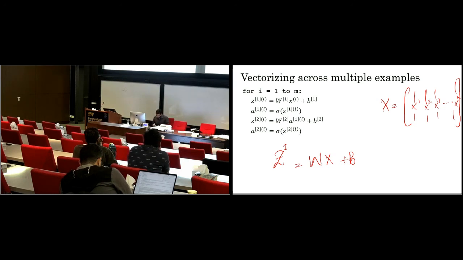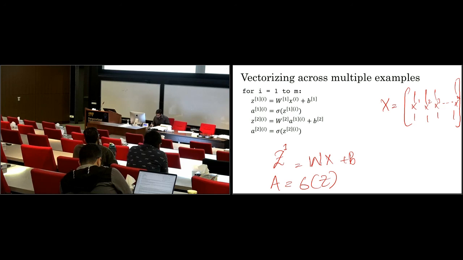And if you want to find A, that would be just an activation of Z. Previously you were applying it element wise to a vector, to a column vector. Now you would apply it element wise to a matrix. Okay? Each column of that matrix, each element of each column of that matrix.